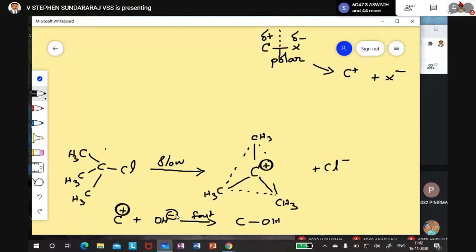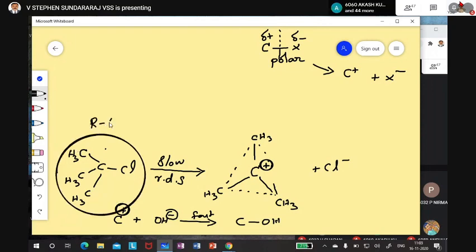In a fraction of a second the reaction will take place. So this step is very fast, and the rate determining step is the first step. In the rate determining step, how many molecules are involved? Only RX is involved. The example is this one, but generally RX. Only one molecule is involved, so this is SN1.